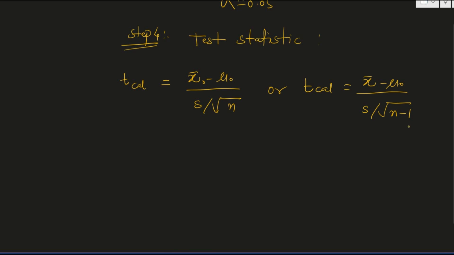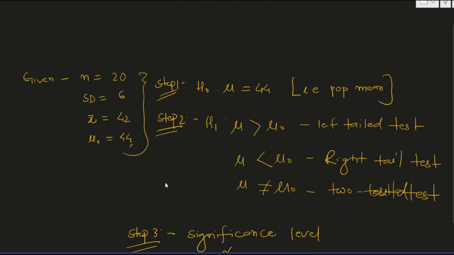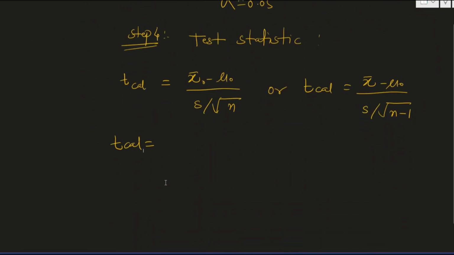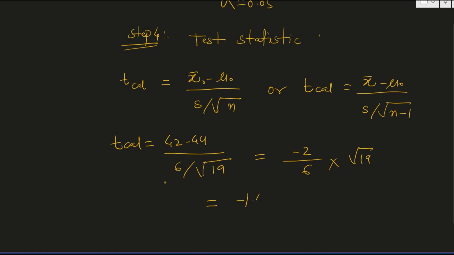So the t calculated value: the mean value we have is 42, so 42 minus 44, and then the standard deviation 6 by root of 20 minus 1, which is 19. That is minus 2 by 6 over root 19, and I already calculated it, so we are getting minus 1.45.